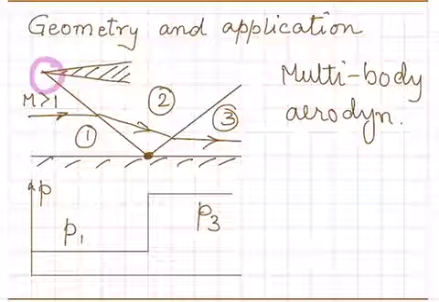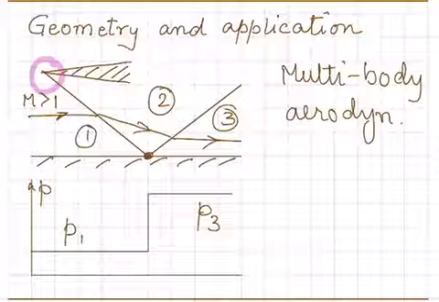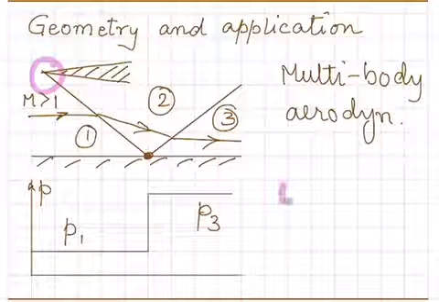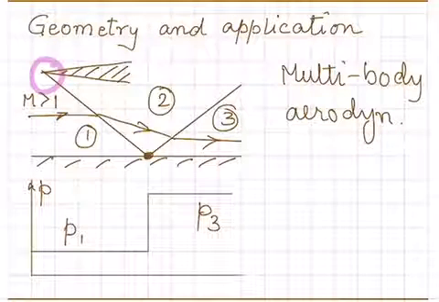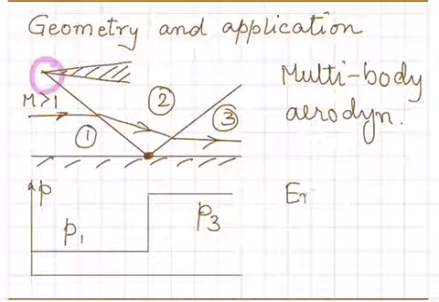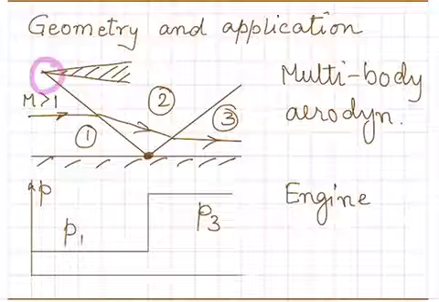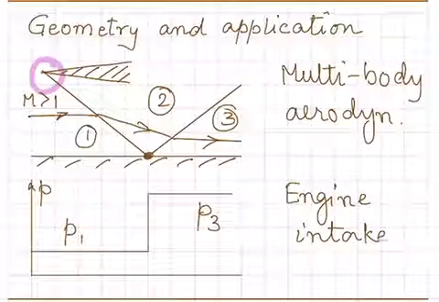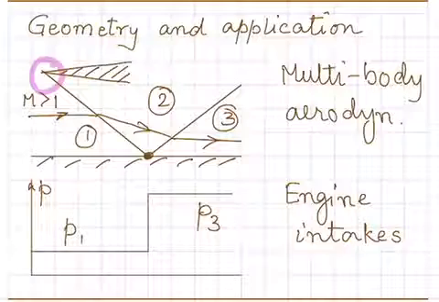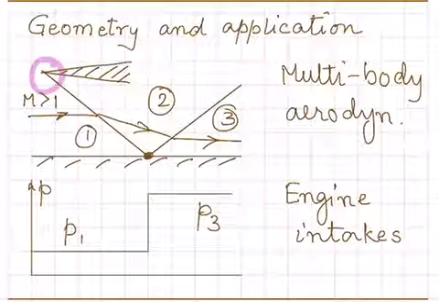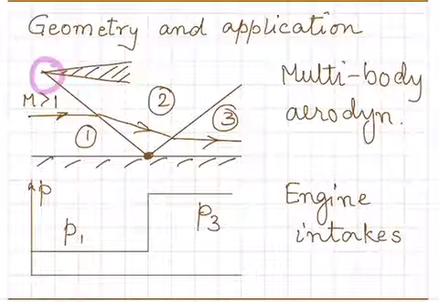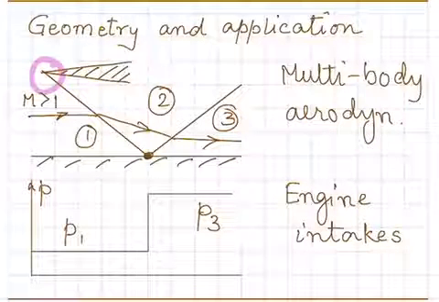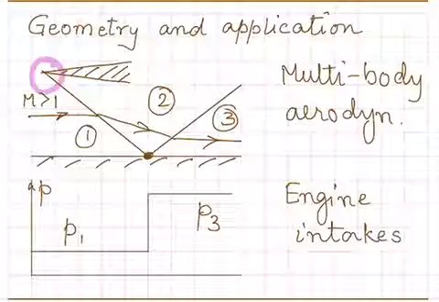Another example which is very important comes up when we have engine intakes in supersonic and hypersonic flows. We know that high-speed intakes use shock waves to compress the gas.